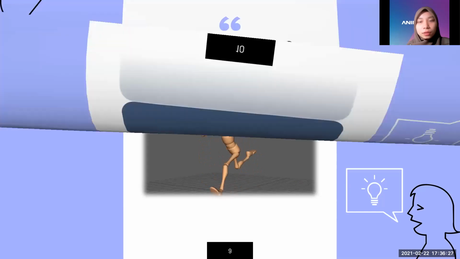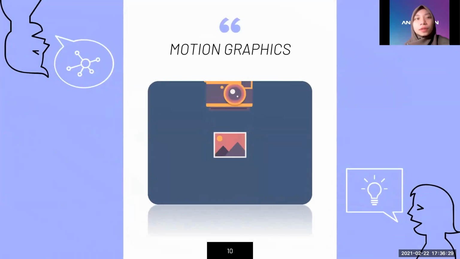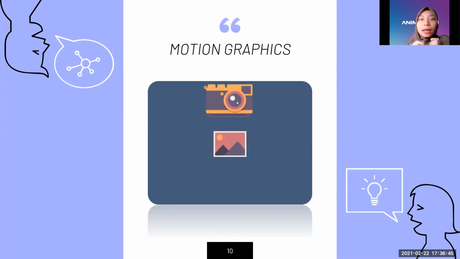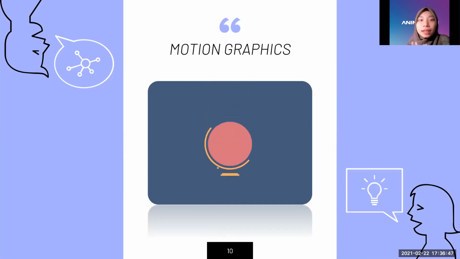And then for motion graphics, okay, unlike the previously mentioned types of animation, motion graphics are not driven by character or storyline. These are focused on the ability to move graphic elements, shapes, and text.